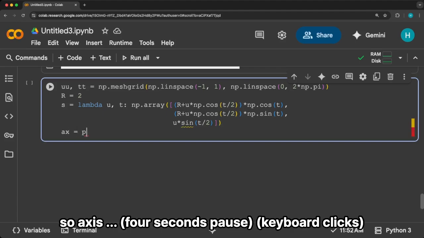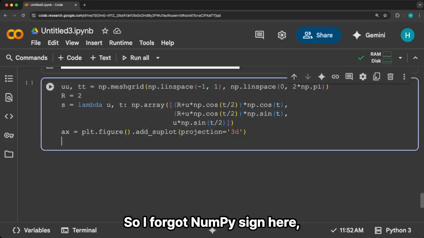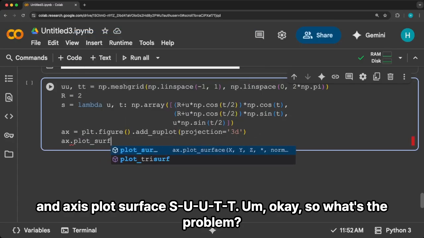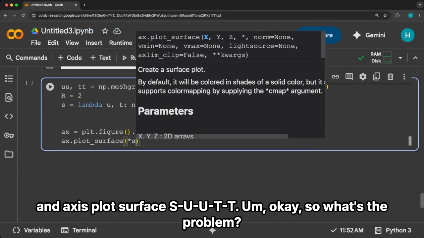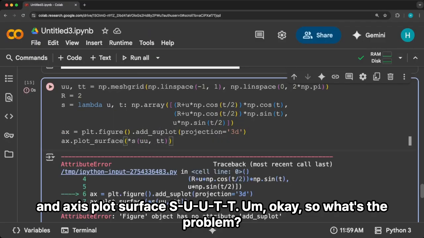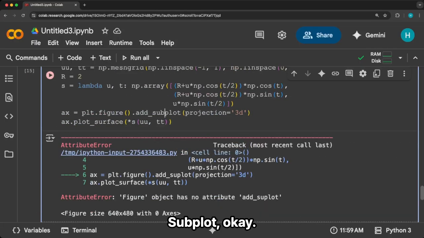So axis. I forgot numpy sine here. And axis plot surface, UU, TT. Okay, so what's the problem? Subplot.